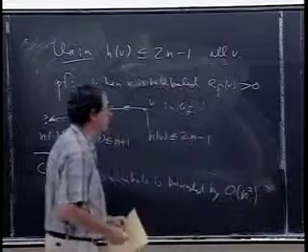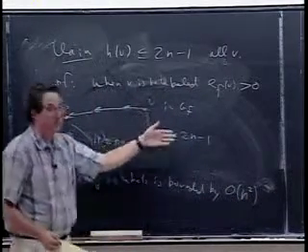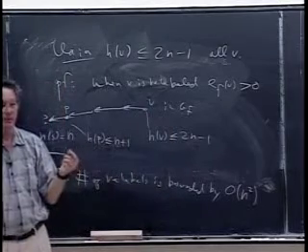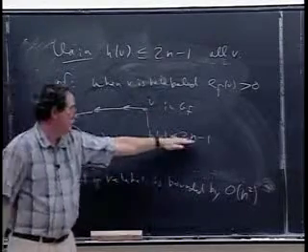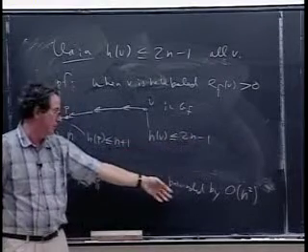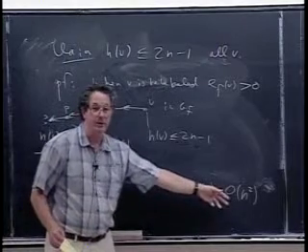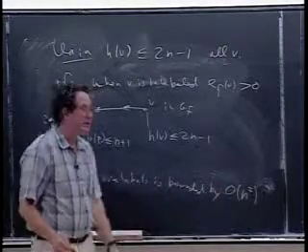There are n nodes, and when you relabel, you're always increasing a label. Each label is bounded by at most 2n minus 1, and there are n nodes, so the number of relabels is bounded by n squared. So that's a good thing.